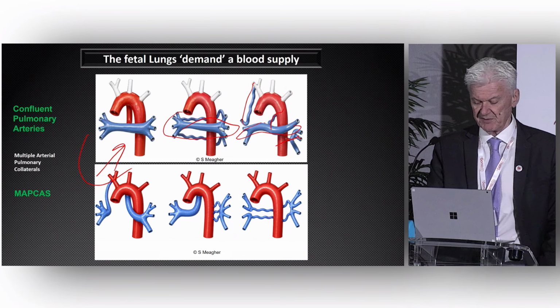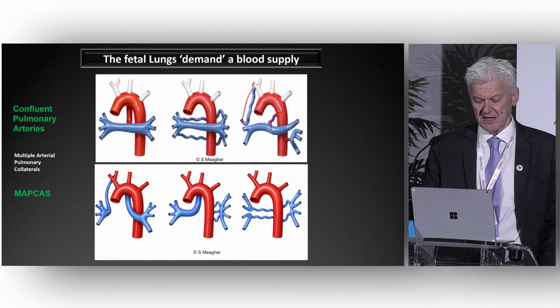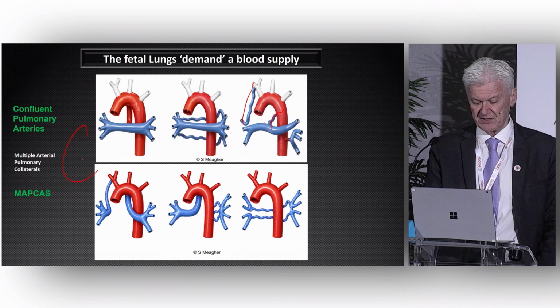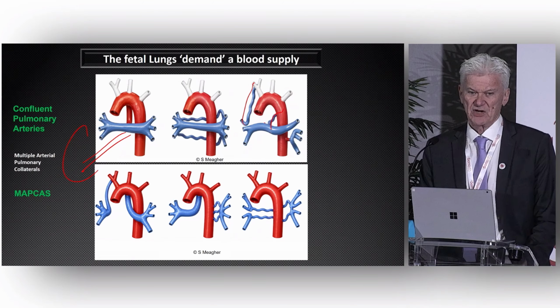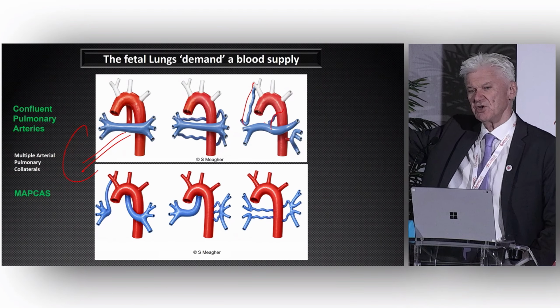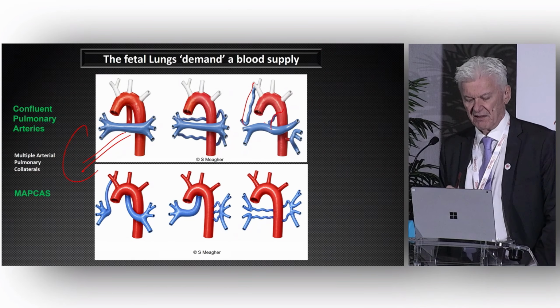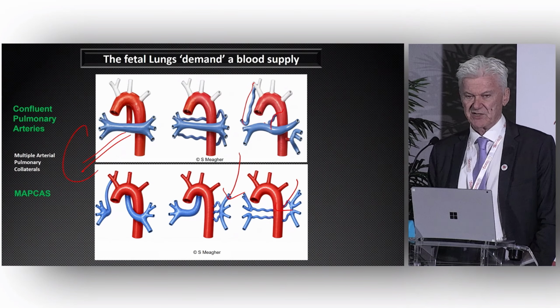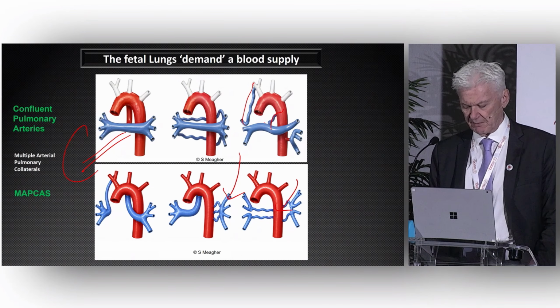But at the end of the day, the surgeon operating on this baby wants to create a shunt between the right ventricle and the native pulmonary arteries. So they are a much easier group to deal with than this group down here, who have multiple tiny vessels but no native pulmonary arteries. That is extremely challenging, and they're the blue Fallots that do extremely poorly.